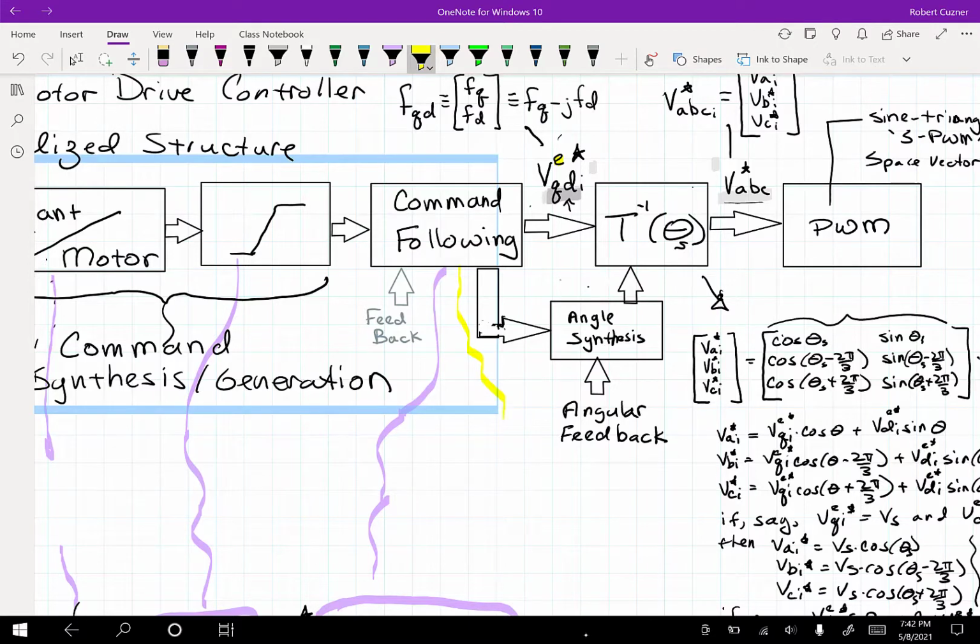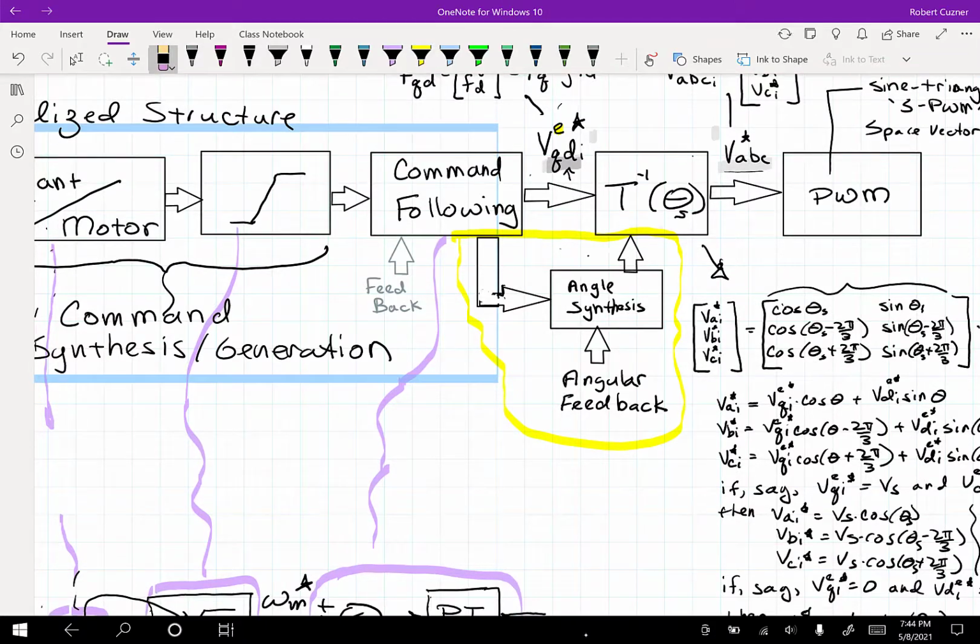One more thing that we have to have for this whole thing to work, as part of our command following algorithms, and you'll see this emerge as you look at the different approaches to synchronous motor, induction motor control, is that you have to synthesize the stator angle. So this angle synthesis requires, as a minimum, either angular feedback if we're doing anything that involves a form of vector control, and that would be, say, coming from an encoder or resolver.